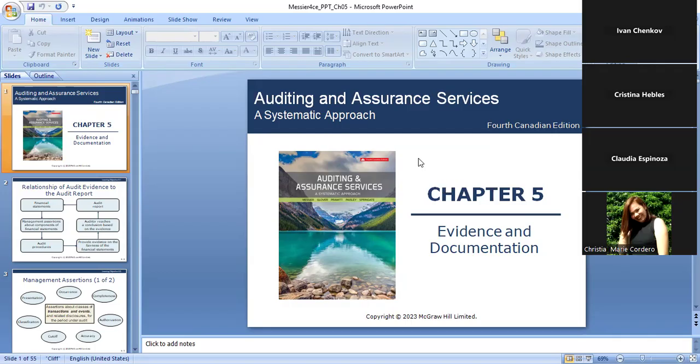Now, once we are either accepting a new client or assessing a continuing client, we go through the process of identifying the inherent risk and control risk in order to come up with the detection risk.